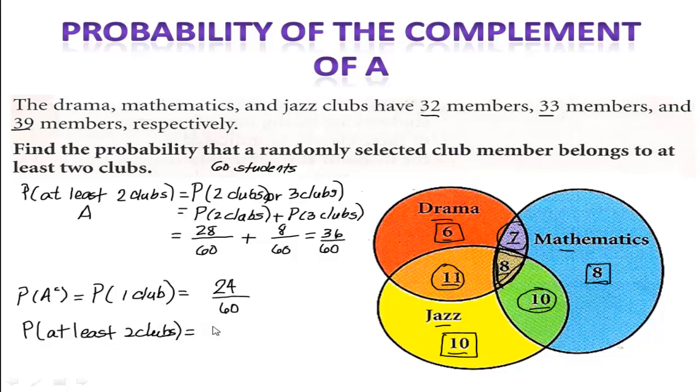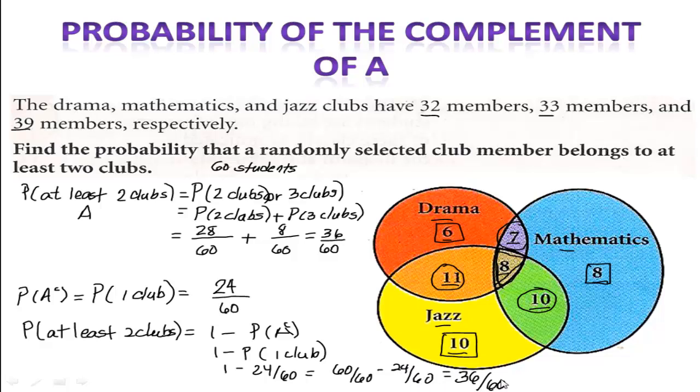That equals 1 minus the probability of the complement of A, which is 1 minus the probability of belonging to just 1 club, which is 1 minus 24 out of 60, which is 60 over 60 minus 24 out of 60, which gives you 36 out of 60. And that's exactly the same answer I got with the first approach.